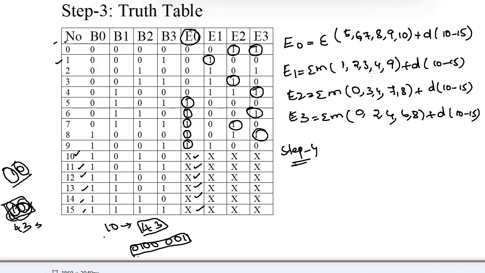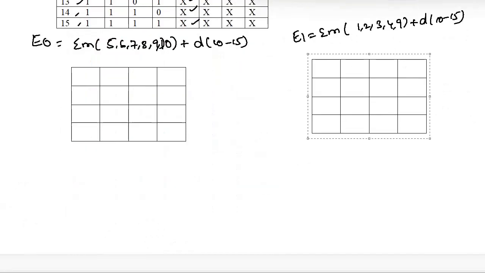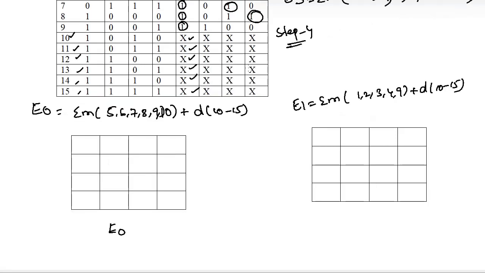Now see here, I am minimizing with the E0 variable. So E0 equals 5, 6, 7, 8, 9 plus don't care of 10 to 15. Wait a minute, 10 is not there. So draw the K-map: rows 00, 01, 11, 10, and columns 00, 01, 11, 10.